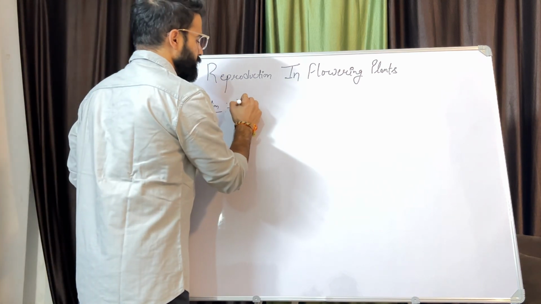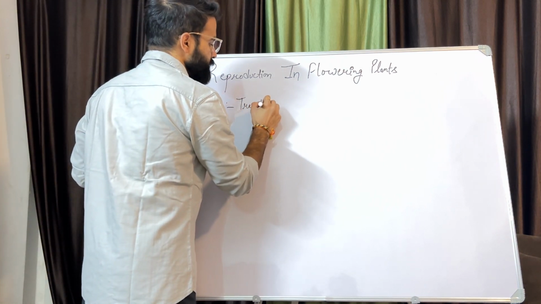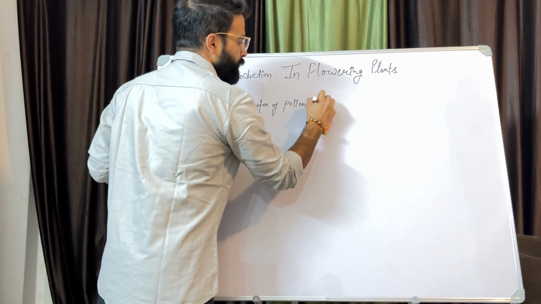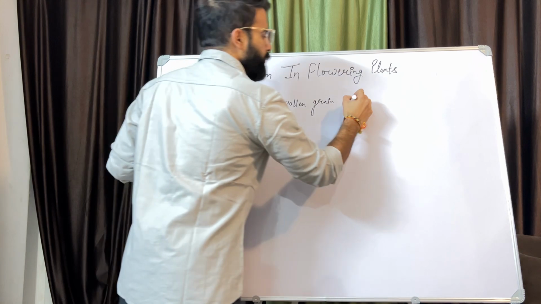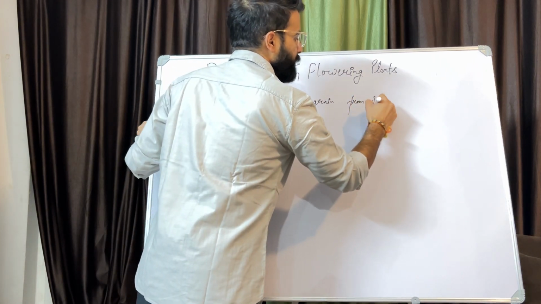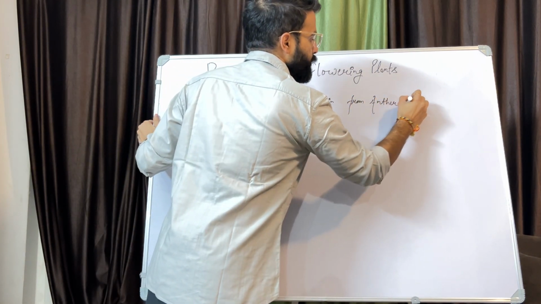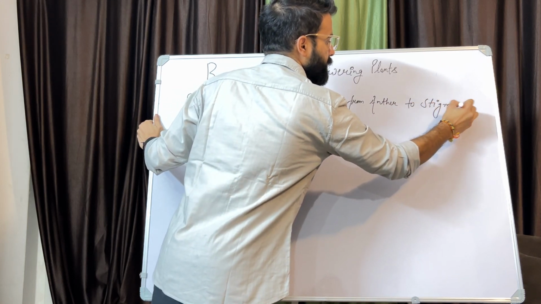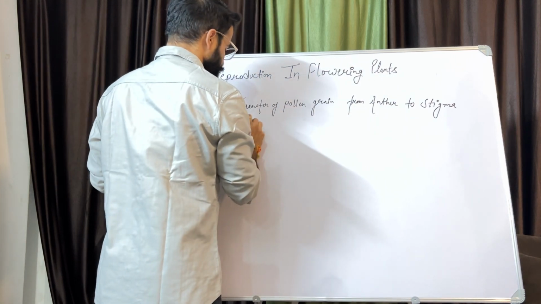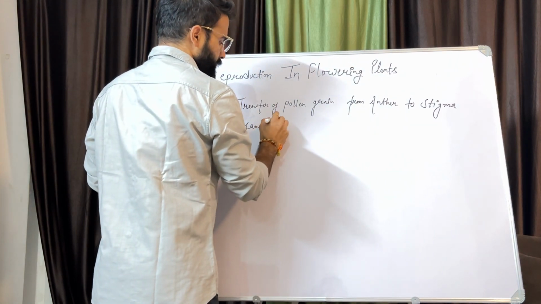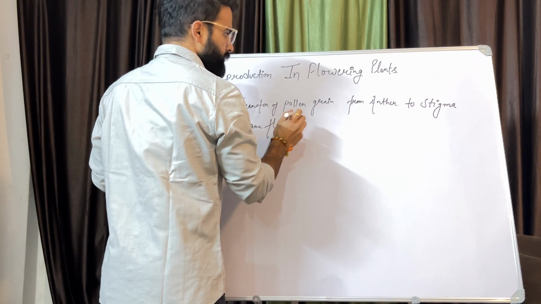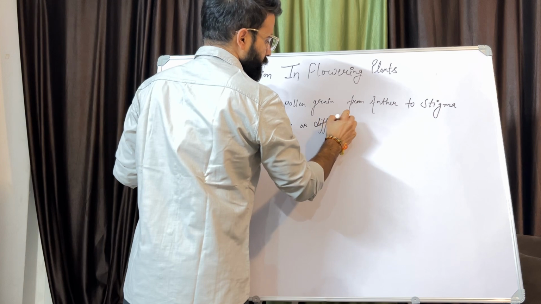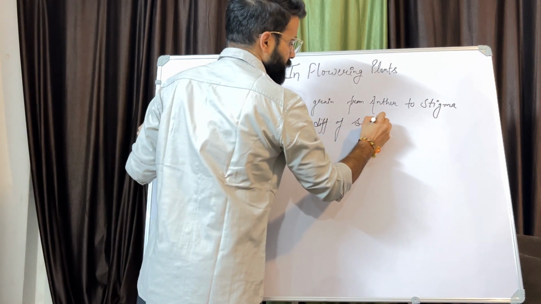That is, transfer of pollen grain from where? From anther to stigma of same flower or different flower of same plant.